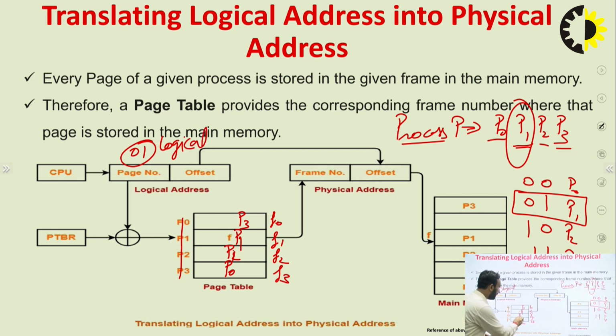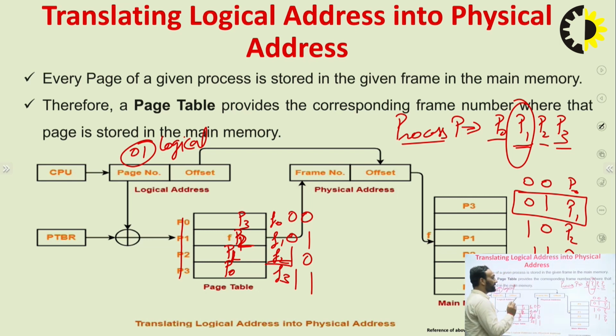But 01 is placed at a location of frame number 2, for example. So what is the exact order of frame number 2? If we have the same 4 frames, that is 00, 01, 10, 11, we will find out at what location it is placed in main memory.